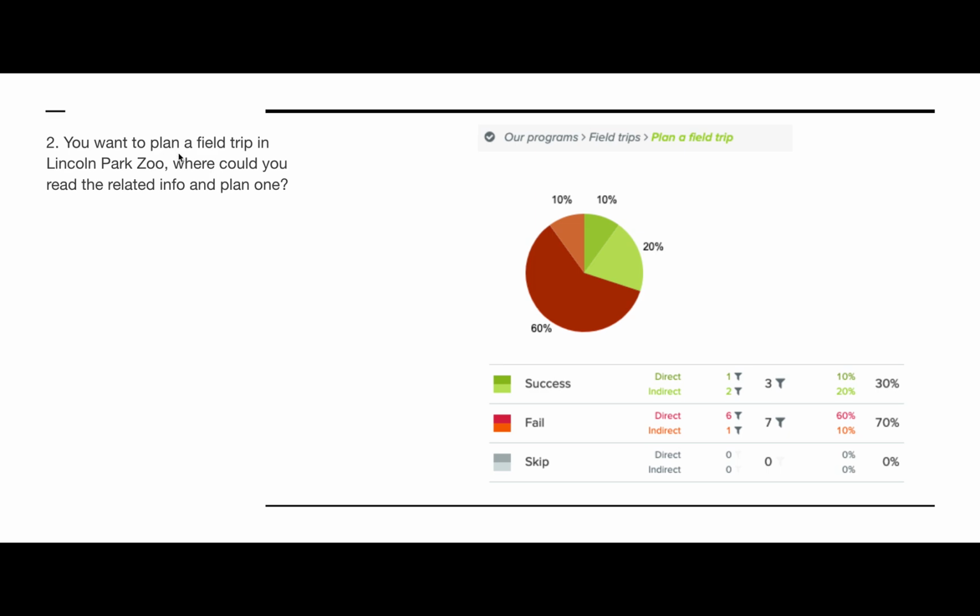Some participants think you need to refine the keywords to match the options. So it proved that I did not need to change the word plan field trip, because it's only because of the wording of the question, not the name of the navigation.